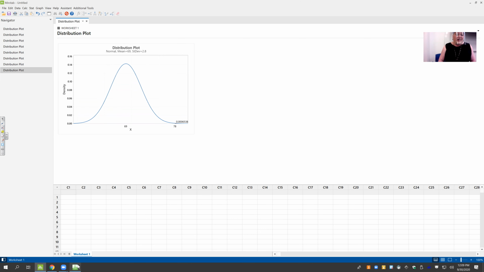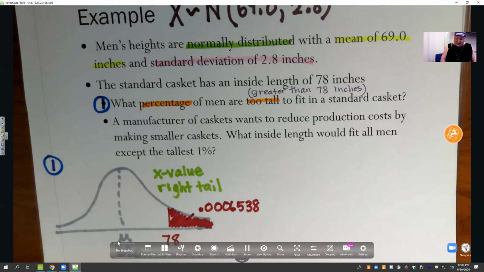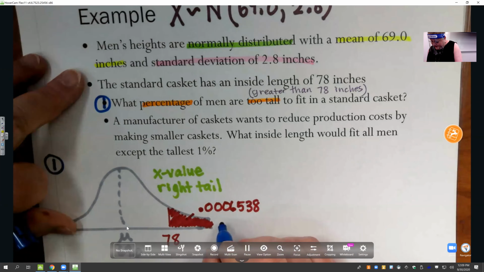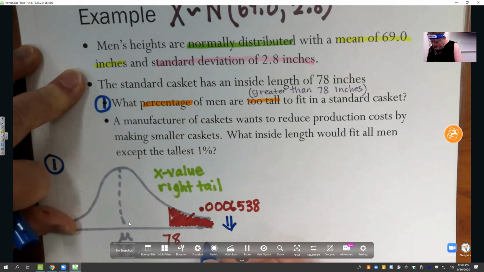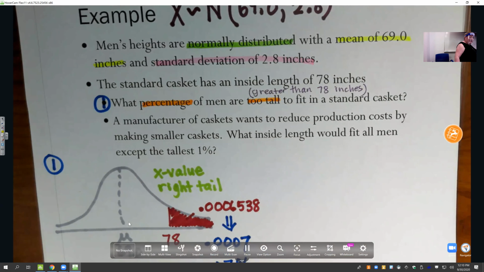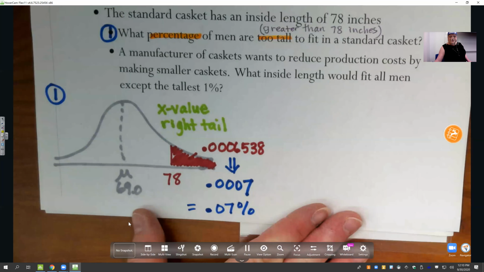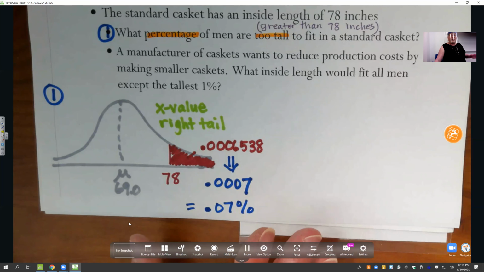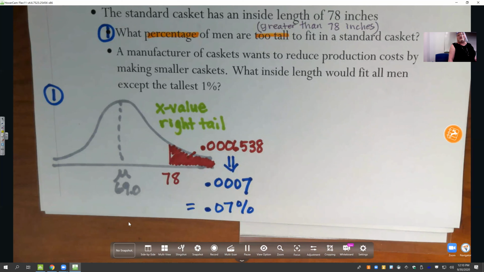If you round that to 4 places, we would have 0.0007. As a percent, you would have 0.07%. So we're saying roughly 7 out of 10,000 men would not fit into the standard casket.